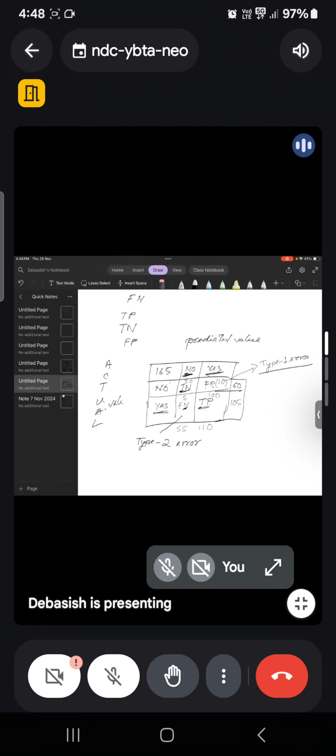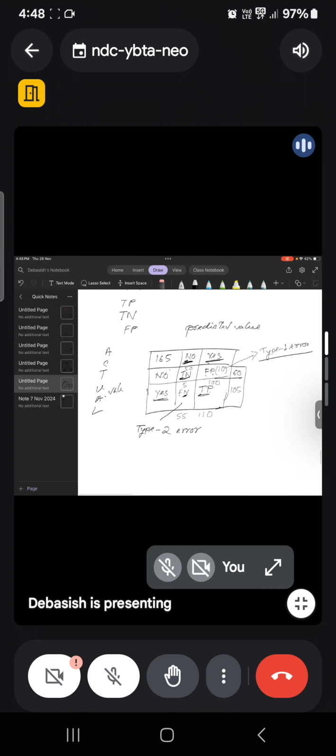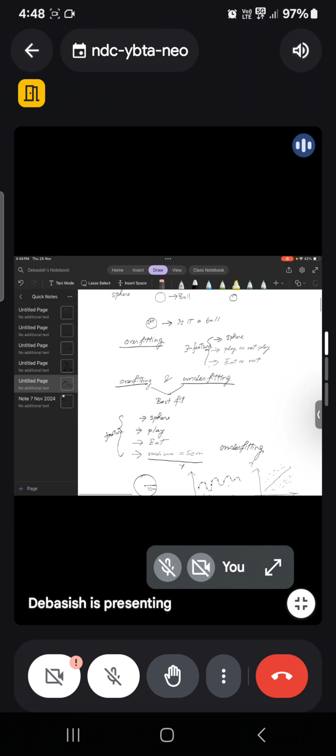This one is known as a type 1 error if it is a false positive, and FN denotes a type 2 error. If this value increases, that means we have more type 2 errors.